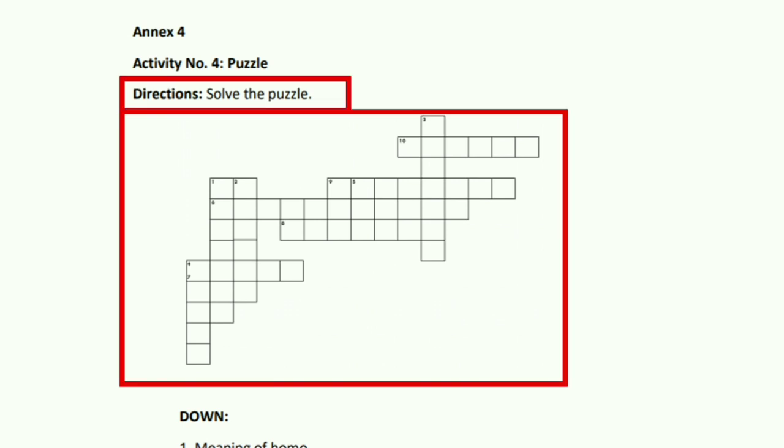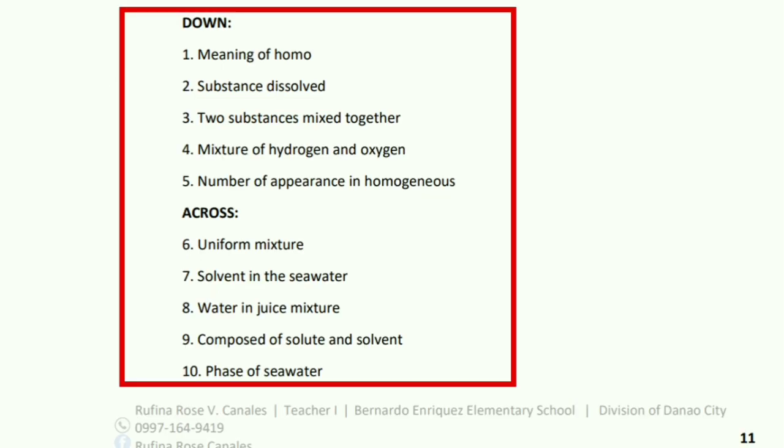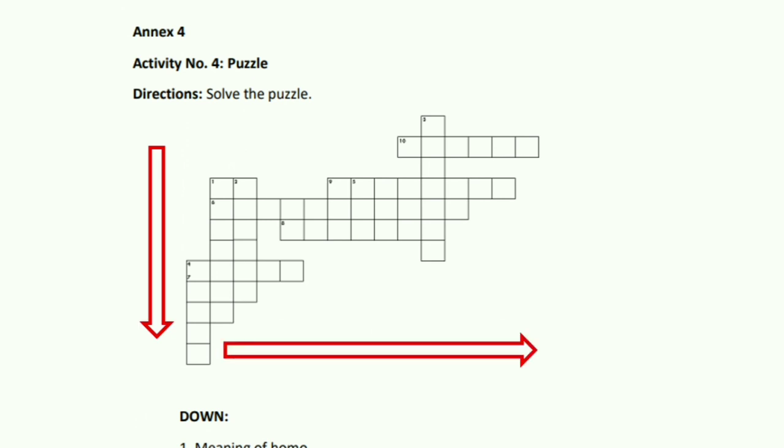Activity number 4. Puzzle. We need to solve the puzzle. To solve it, we need to answer this one first. As you can see, the puzzle has down and across boxes. This is where you can write your answers. This is the down and this is the across.